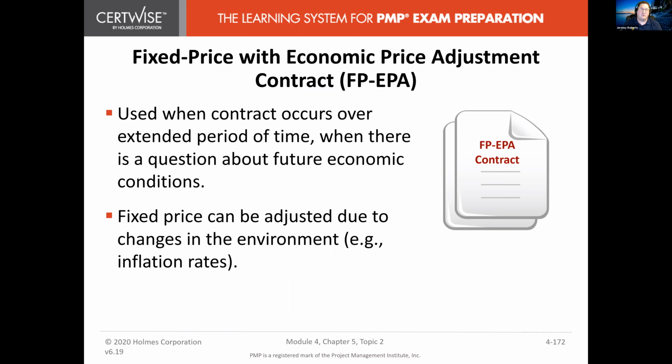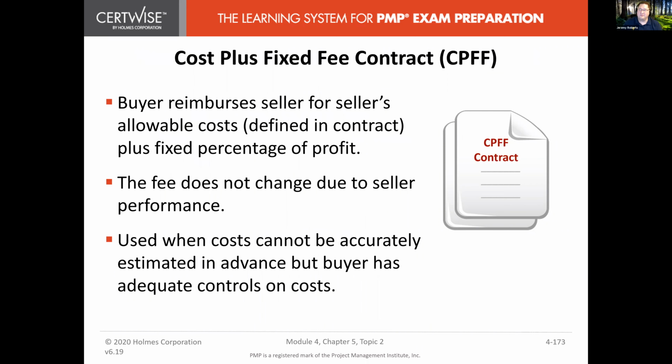Actually specify what is going to be used as the data for the adjustments, instead of somebody saying, well, we want to raise it 5% because we want to do that. If you have an external metric to use, then you can take that to court and say, this is how it's supposed to adjust, if you need to go to court.